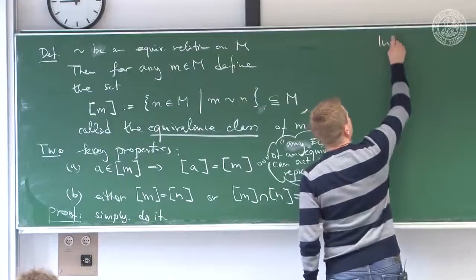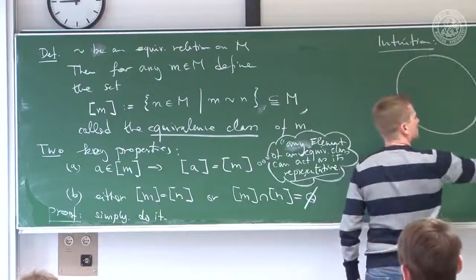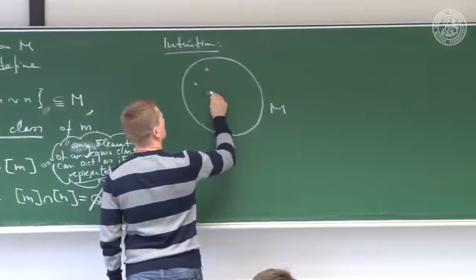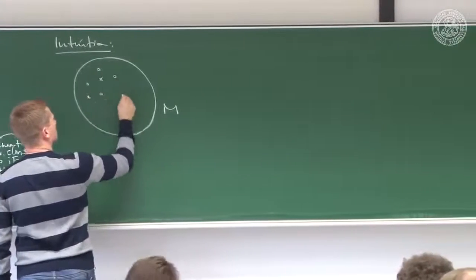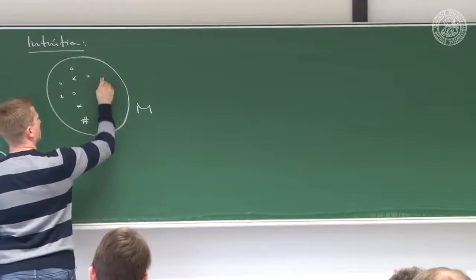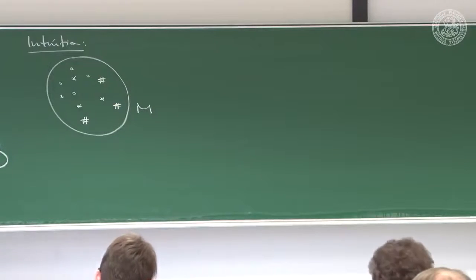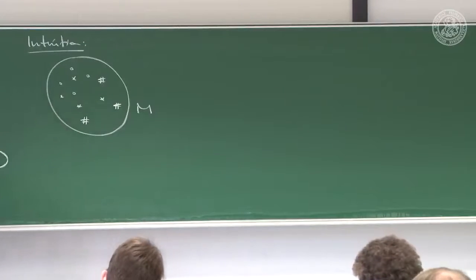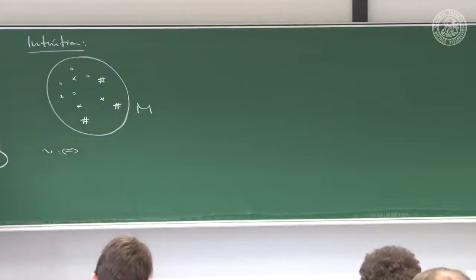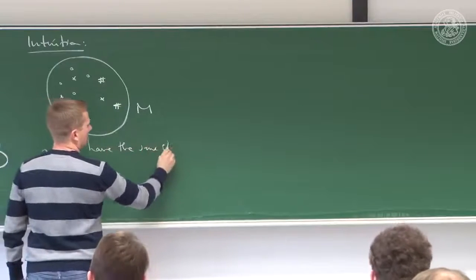Now, the intuition about this is the following. Assume you got the set M and you have these elements, and now you may define an equivalence relation by saying they have the same shape.